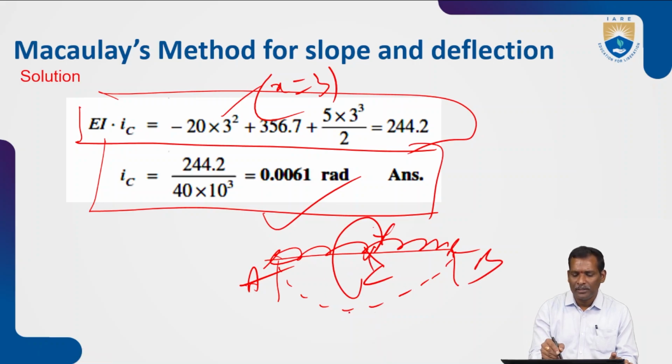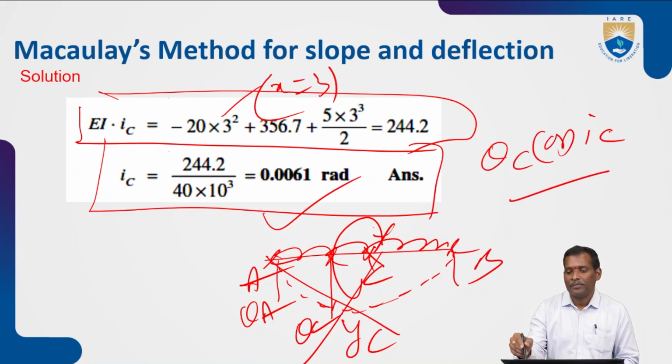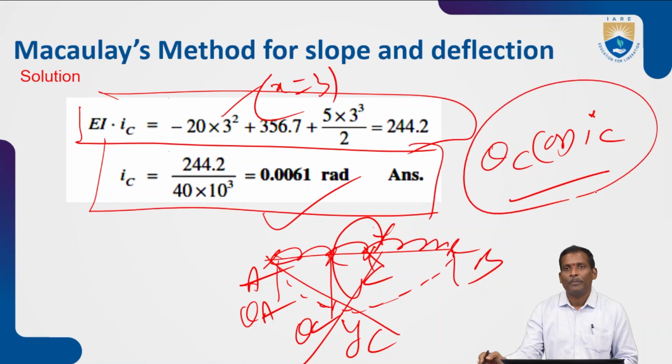The deflection is YC and the slope is theta C. So this is the slope at a particular point C.